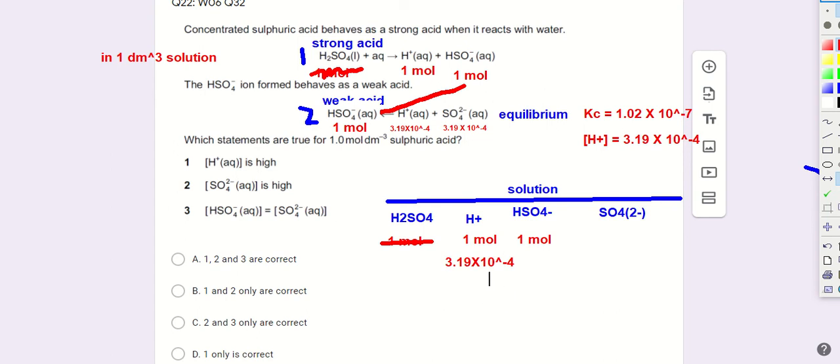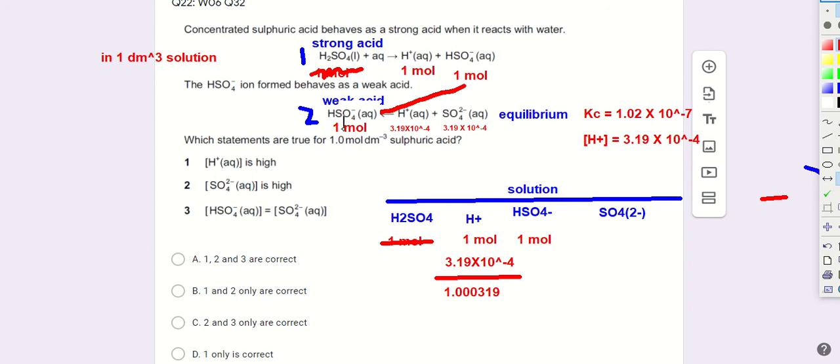So all together, let me do the calculation. It's actually very small: 1.000319.